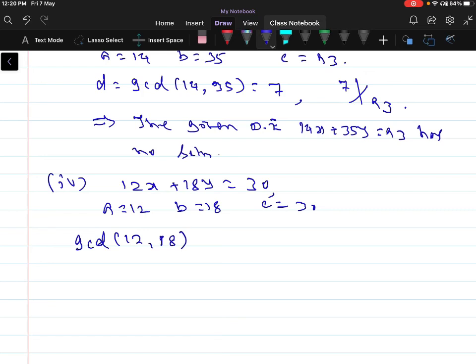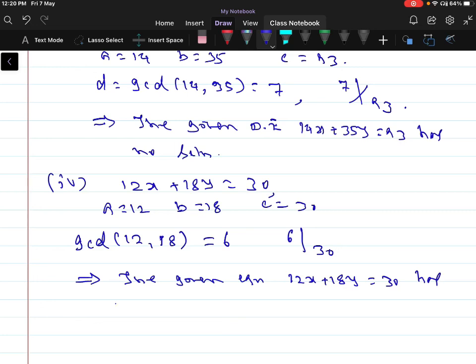So GCD of 12 comma 18 is 6. So 6 is the greatest common divisor of 12 and 18, and 6 divides 30 also. So this implies the given equation 12x plus 18y is equal to 30 has a solution.